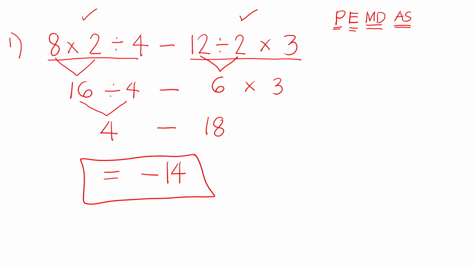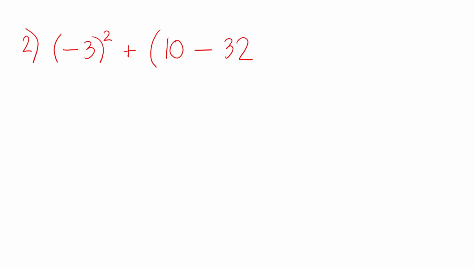Now this time, I'm going to put a parenthesis and an exponent. Okay, example number 2. Here we go. What if the example is this? I'm going to have negative 3 squared plus, let's have 10 minus, let's have the number 32 divided by 8.